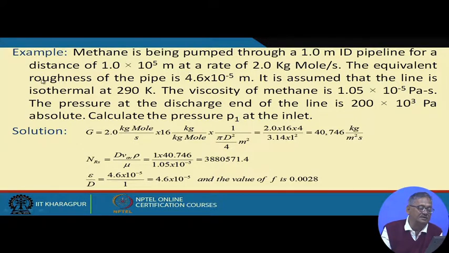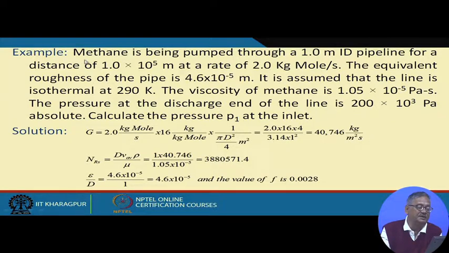The equivalent roughness of the pipe is 4.6 × 10^-5 meter. It is assumed that the line is isothermal at 290 Kelvin. The viscosity of methane is 1.05 × 10^-5 Pascal second. The pressure at the discharge end of the line is 200 × 10^3 Pascal absolute. Calculate the pressure P1 at the inlet.